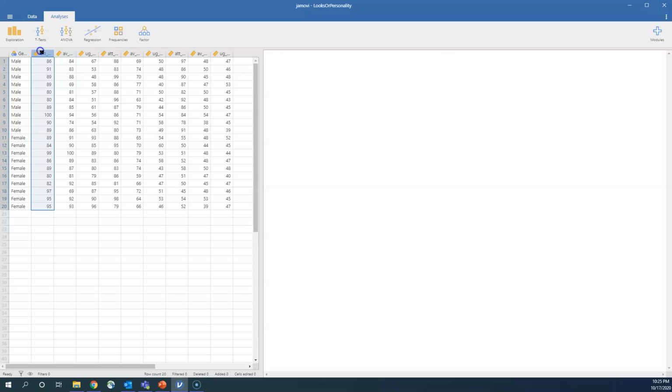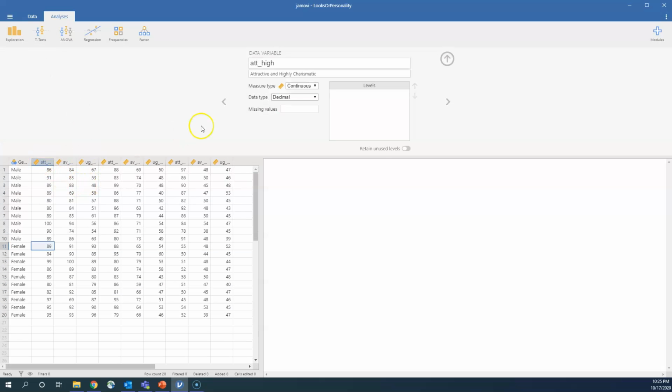So if I double click here, you can get a sense for what this variable is like. This is ATT, meaning attractive, and high, meaning high charisma. So this is a very attractive and highly charismatic individual.